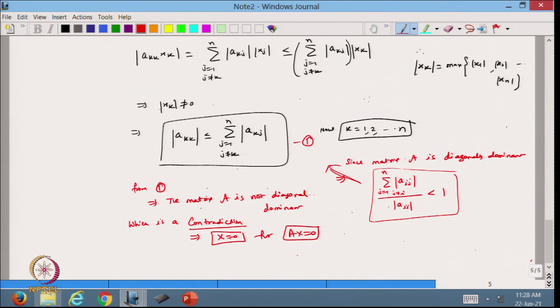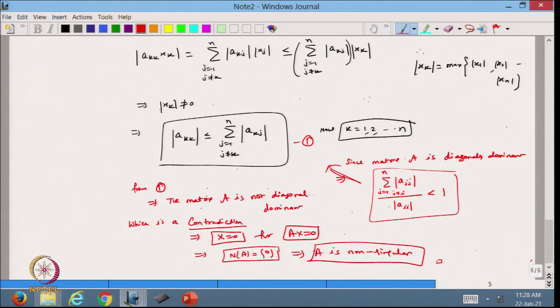We have to choose x equal to 0. So the null space of A should contain only the 0 element, and from here I can say that the matrix A is non-singular. So the given matrix will be non-singular. That is the proof of this theorem.